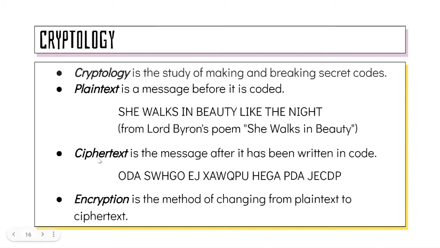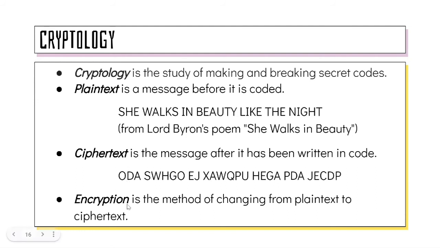We have cipher text. It is the message after it has been written in code. So once the plain text is coded, it is called cipher text. Like this: if this is the plain text and we code it, class, it will become this text.